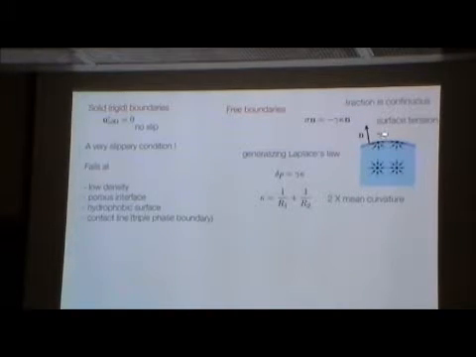It can't depend on the location of the interface, because if I just move the interface, it can't depend on that. It can't depend on the orientation of the interface. So the first term that comes in must be the curvature. Again, the symmetry argument, but you can go back and calculate microscopically. So the first term that appears is proportional to the curvature.